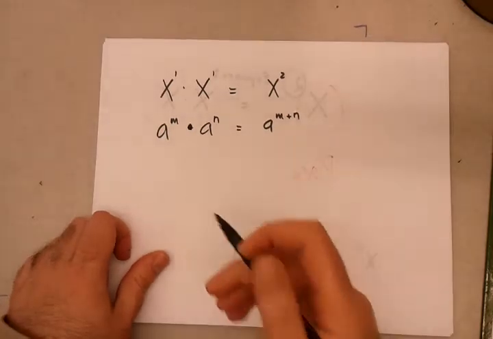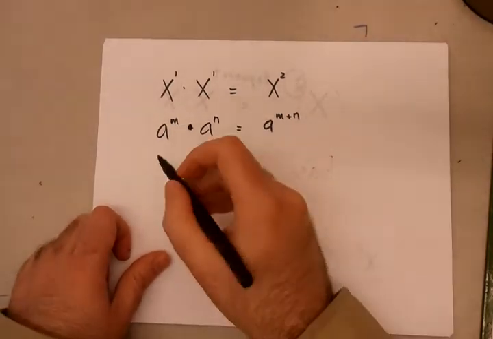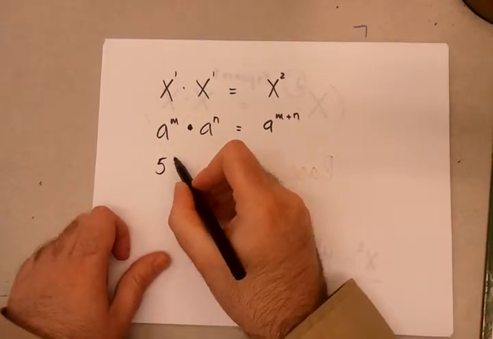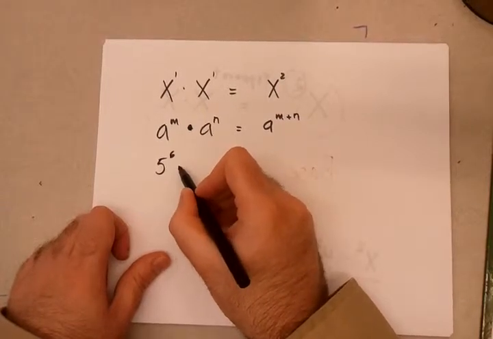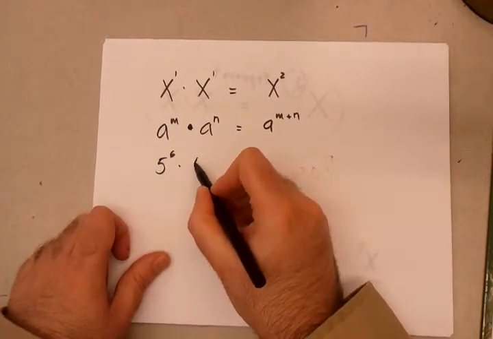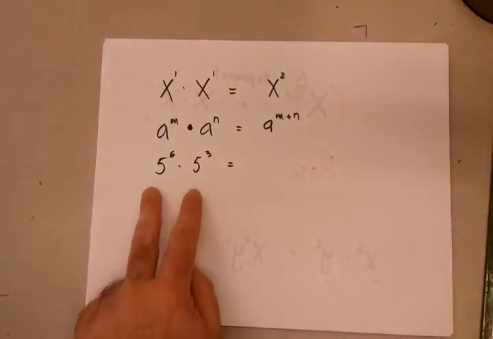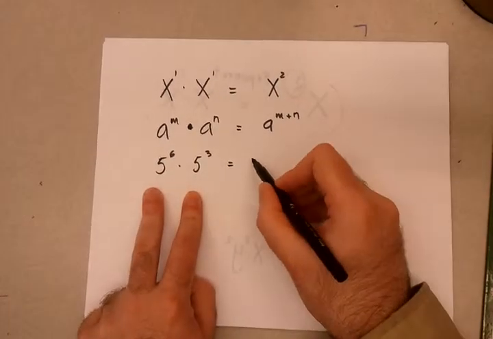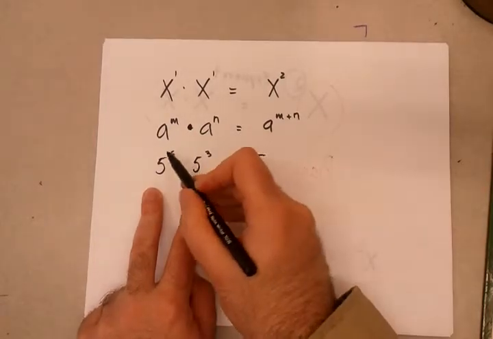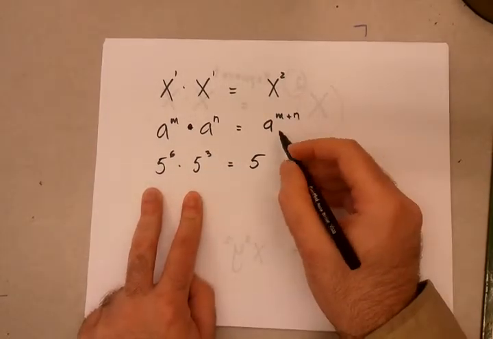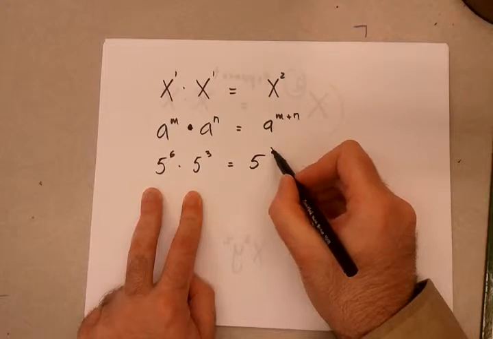Same thing if instead of using variables for the base, you had numbers. So if you had 5 to the 6th power times 5 to the 3rd power, again, the bases are the same, so the base doesn't change. You're just going to add the exponents together. 6 plus 3 is 9.